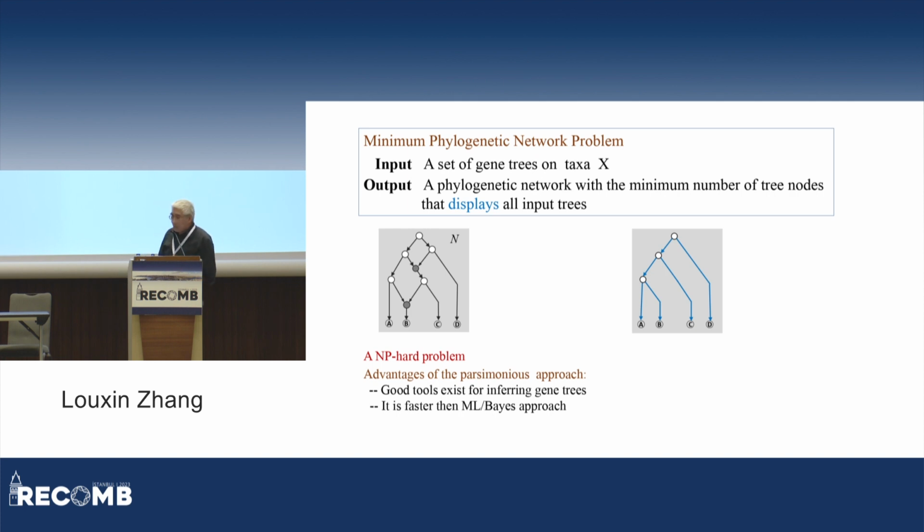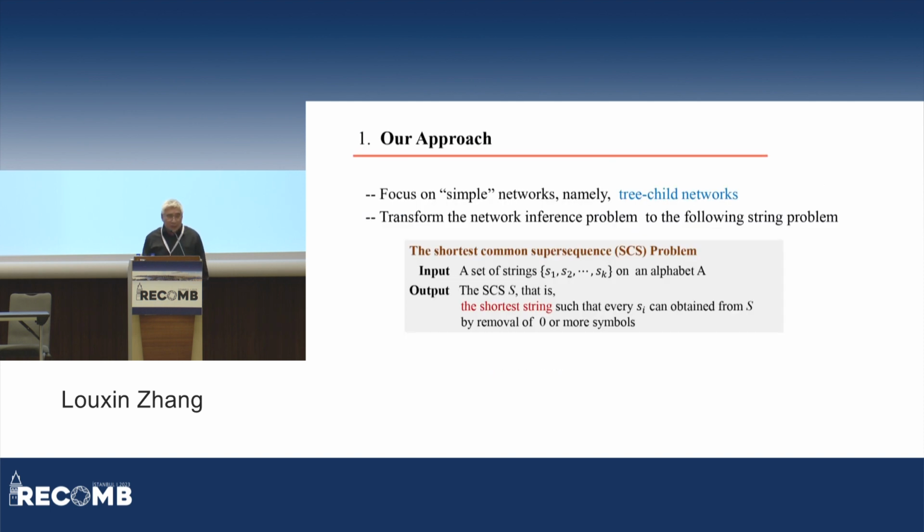Now we look at what the tree-child networks are. In arbitrary phylogenetic networks, the reticulation node has a unique child. The child can be a tree node or a reticulation node. The reticulation node can have multiple parents. The tree node has 2 children.